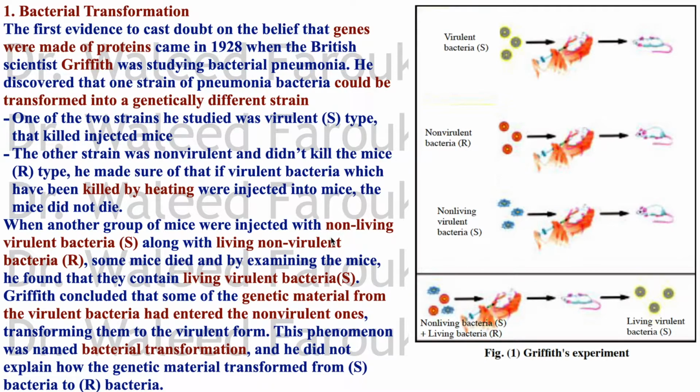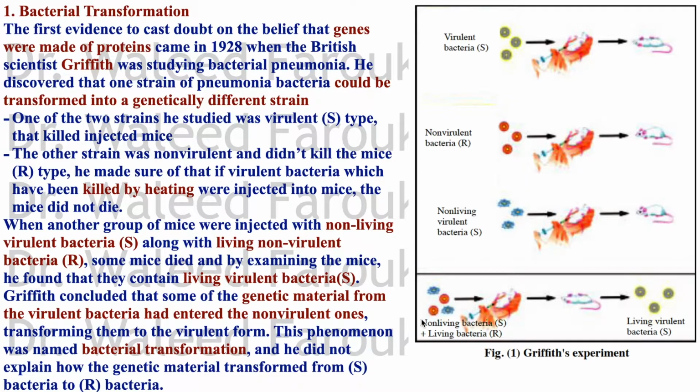In one experiment, he injected non-living virulent bacteria, S type I mean, together with living non-virulent bacteria, which is of the type R. What happened? The mice were killed, and by dissecting the mice, the kind of bacteria in them was living virulent bacteria.